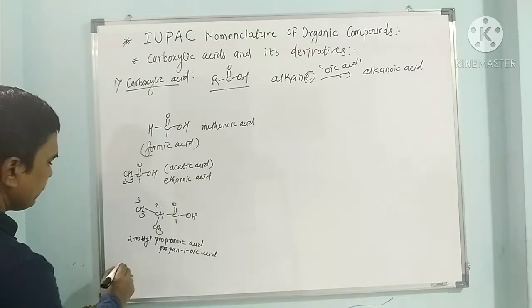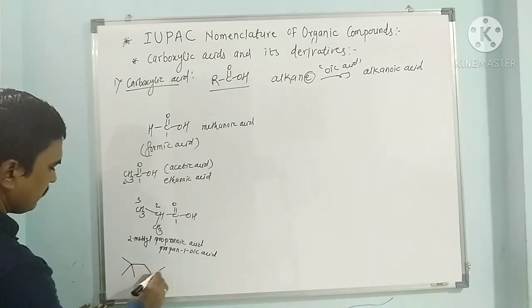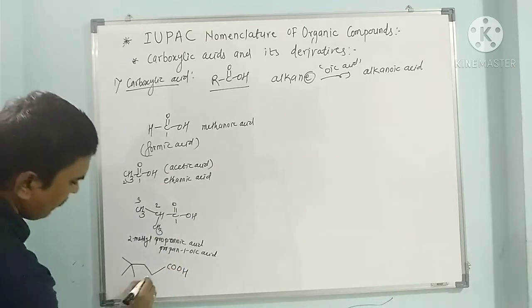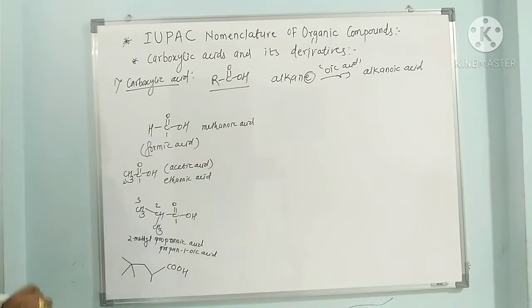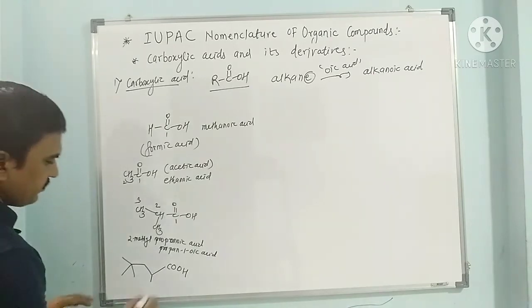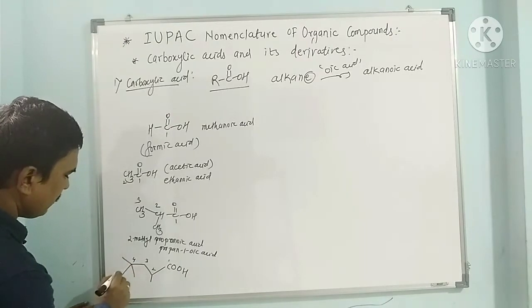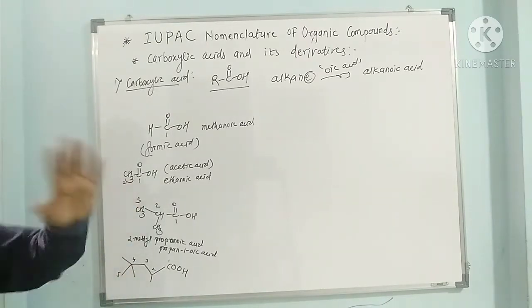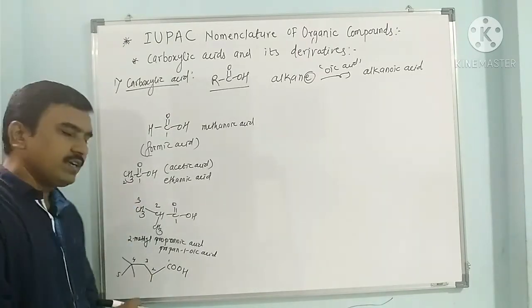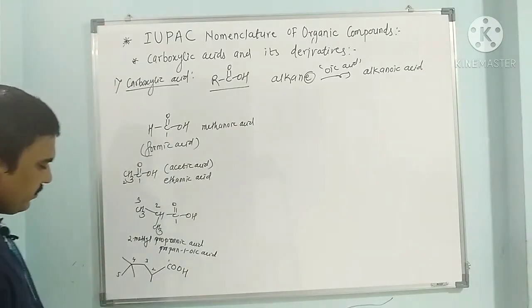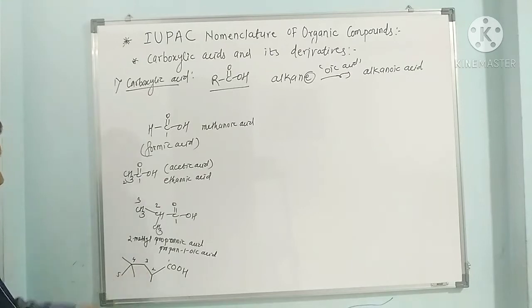Now I have to see a skeleton, COOH. Now see the carbons, 1, 2, 3, 4 and 5. So total 5 carbons are there. Because of 5 carbons it is pentanoic acid or pentane 1-oic acid. Here a methyl is attached to the second position and 2 methyls are attached to the 4th position.